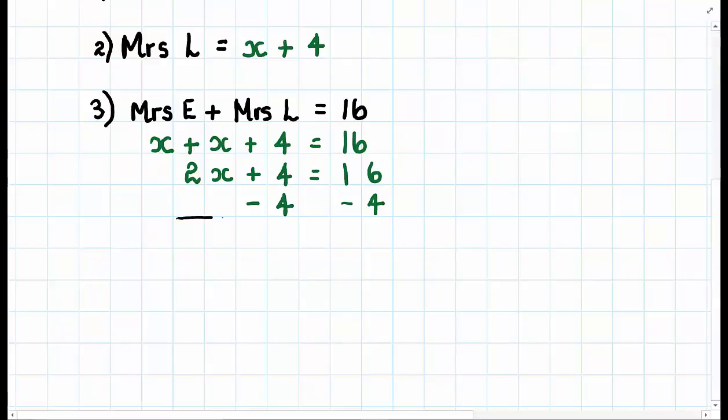And just draw a line and a line. So we've got 2x, and this is where square paper really helps. You've got plus 4, take 4, it leaves nothing. 16, take 4, is 12.